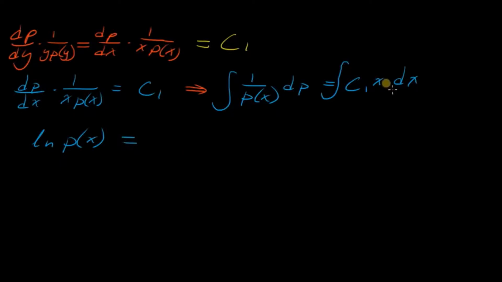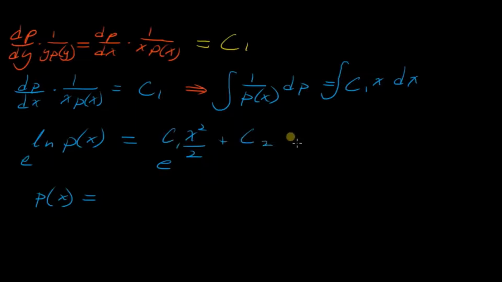And let's see here, we'd have that, and then we'd have another unknown. So we'll call that C2. Okay, and then if we exponentiate both sides, we're going to get p of x equals e to this whole exponent.